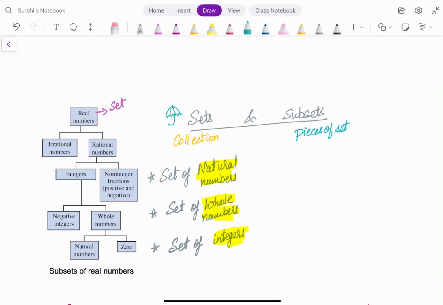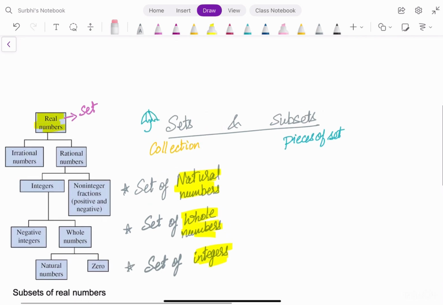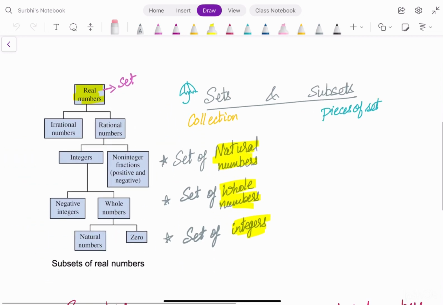And when we are talking about rational numbers, we are talking about different types of numbers. For example, integers, and non-integer fractions, which are positive and negative. And we can write these as small umbrellas under the big umbrella of real numbers. For example, the set of natural numbers, the set of whole numbers, the set of integers.